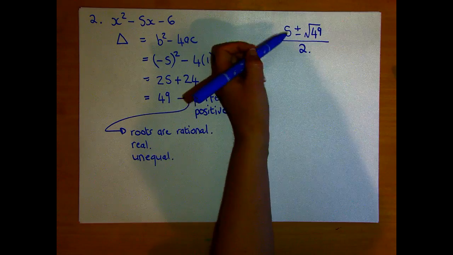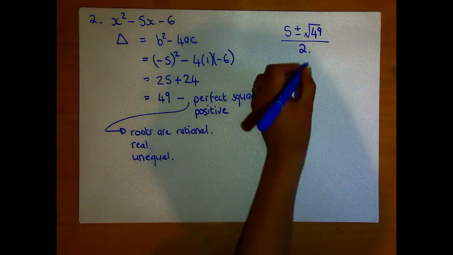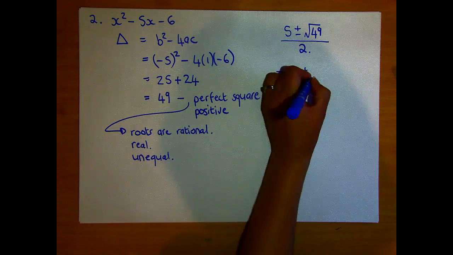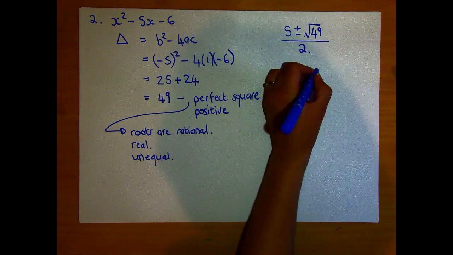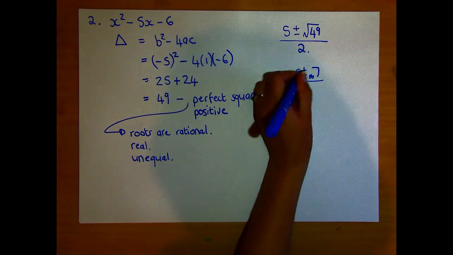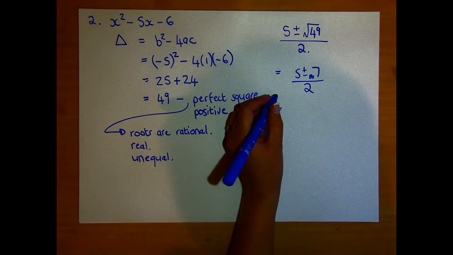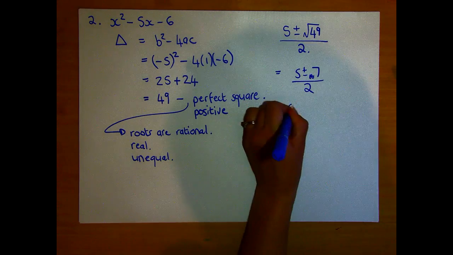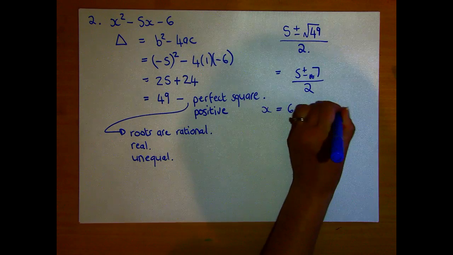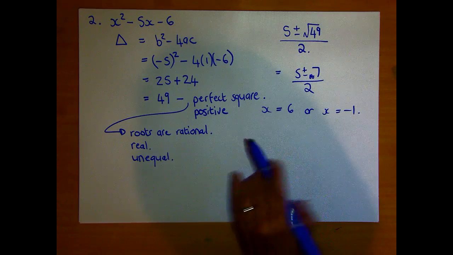And then you could actually have done that, because we know that the root of 49 is 7, so 5 plus or minus 7 over 2, so that would have given us x equals 6, or x equals negative 1.